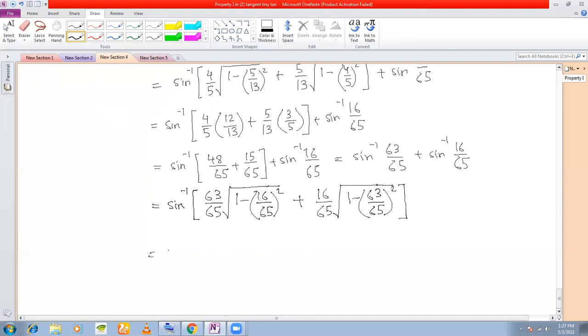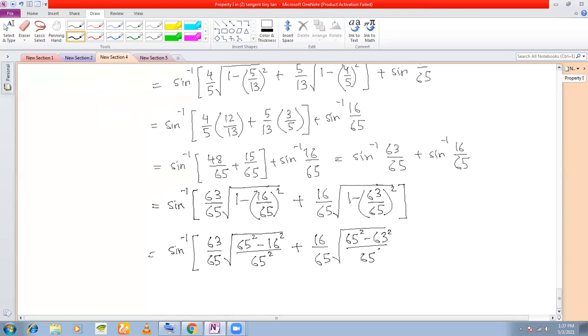Now you simplify this. Let me show you a little bit of simplification here, since you are not very acquainted with these squares. If you take the LCM, 65 square minus 16 square divided by 65 square, plus 16 by 65 root over 65 square minus 63 square divided by 65 square.